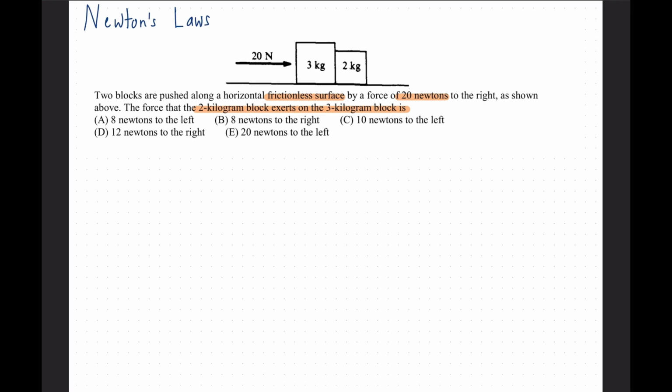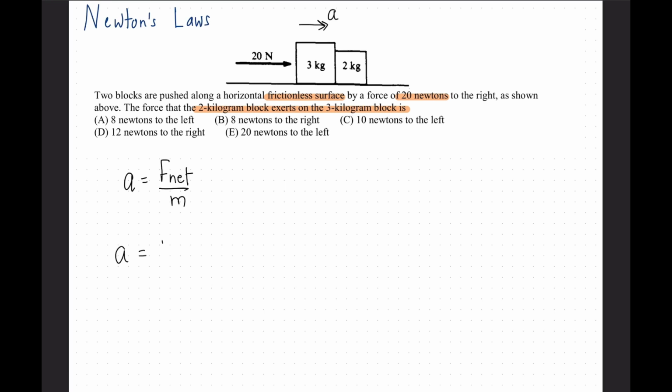The first thing, we know that because you are applying a force, there would be an acceleration for the system as it's on the frictionless surface, and the 3 kg as well as the 2 kg will have the same acceleration as that of the system. The first thing we'll find is the acceleration of the system, which will be F net over the mass.